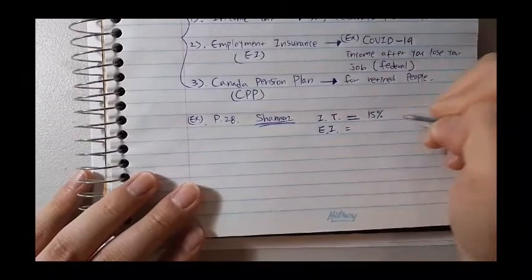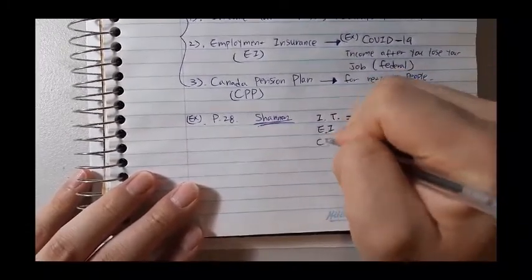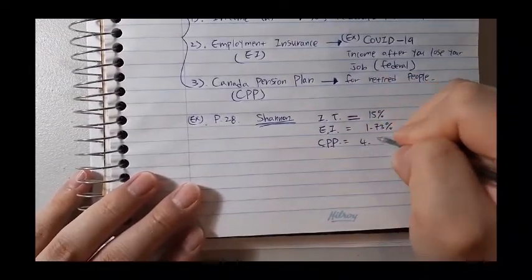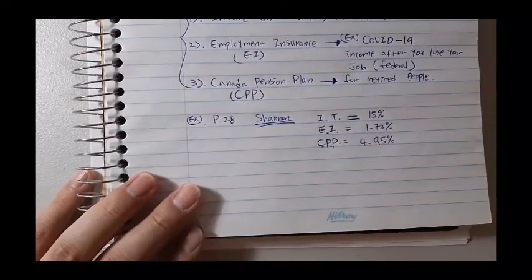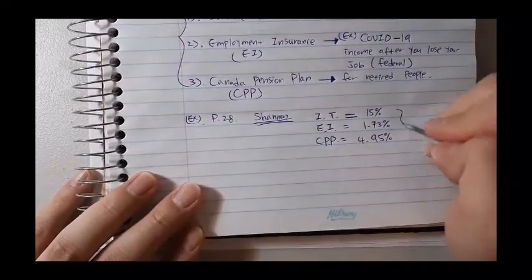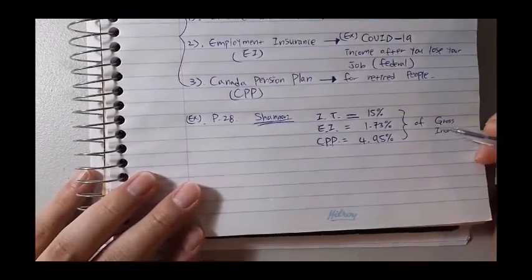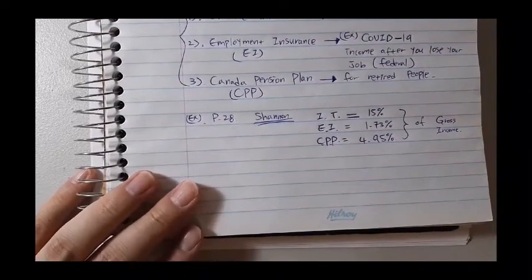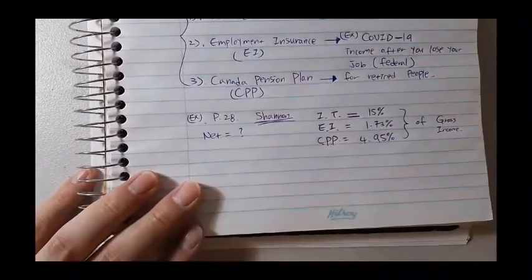EI, employment insurance, is 1.73%, and CPP, Canada Pension Plan, is 4.95% of your overall gross income, not the net income, how much you total earn.